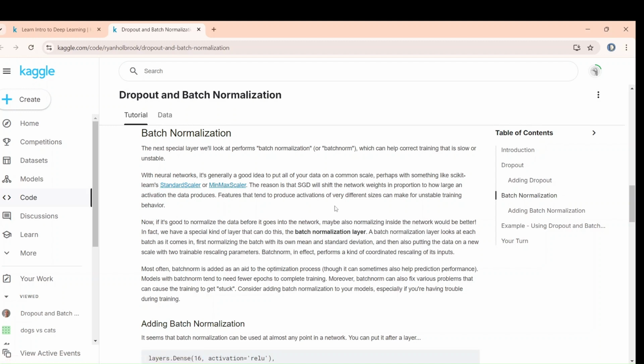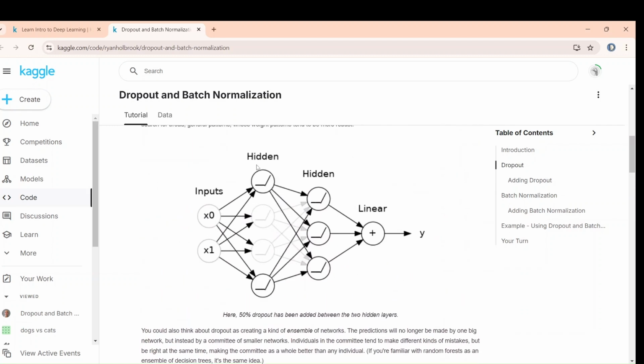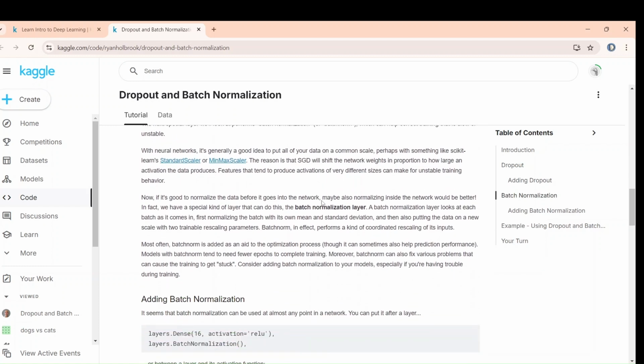But inside the layer also we can scale the data so that the output from this layer gets normalized and then goes as an input for the next layer. Because the output from this layer is also the input of the next layer. Here we are doing the standard scaling normalization. But what if here the output is not scaled? This is also input for this layer, right? So we also have to scale it here. That is what batch normalization is.